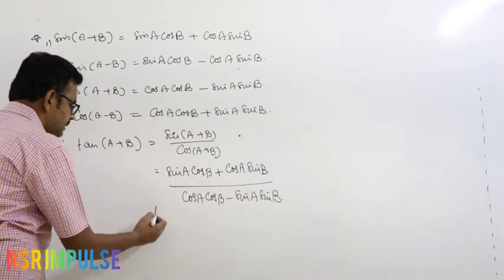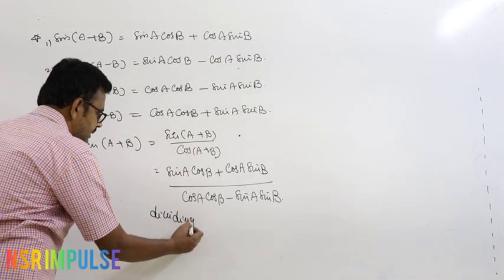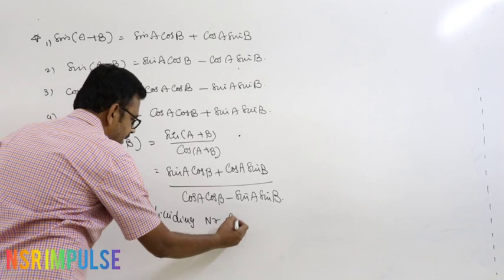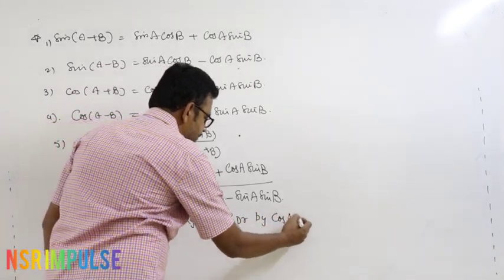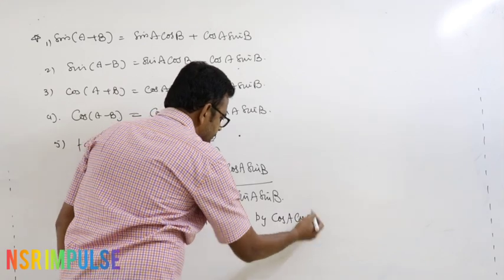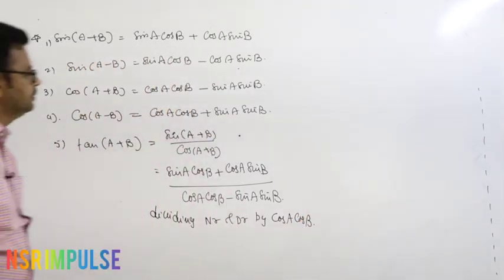Dividing numerator and denominator by cos A cos B.